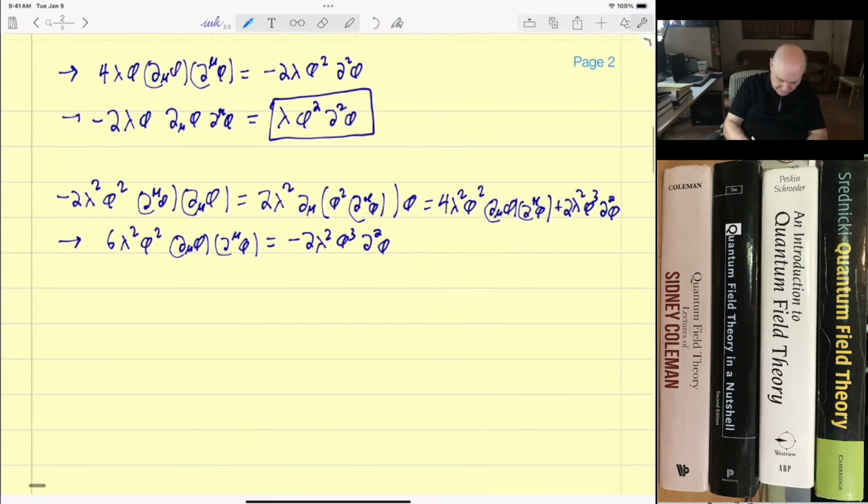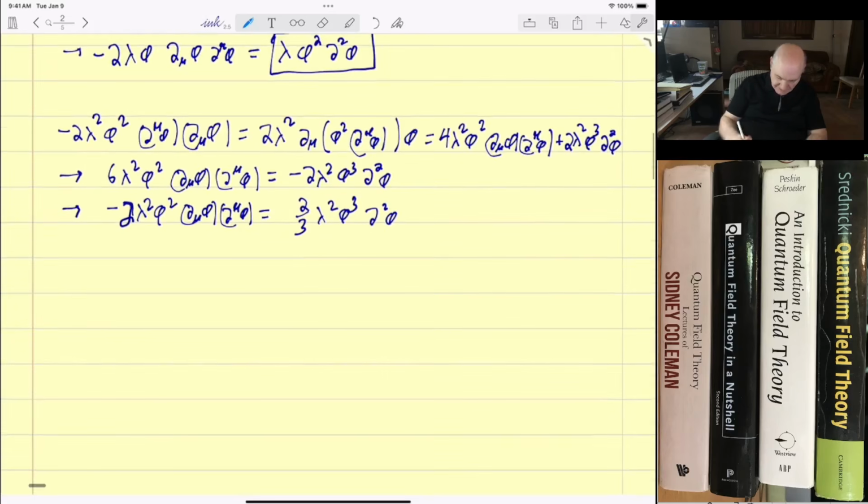And now we just divide by minus 3, so minus 2 lambda squared phi squared partial mu phi is equal to 2/3 lambda squared phi cubed partial squared phi.